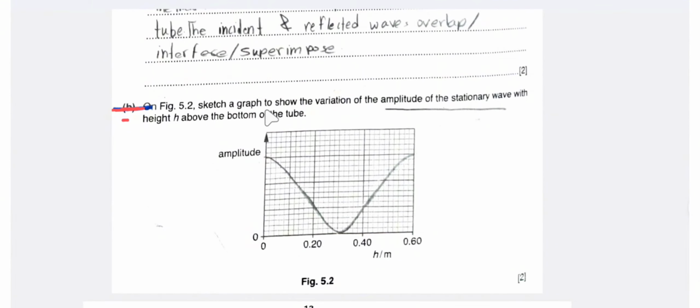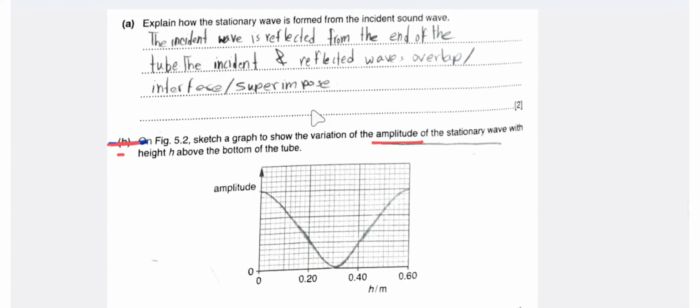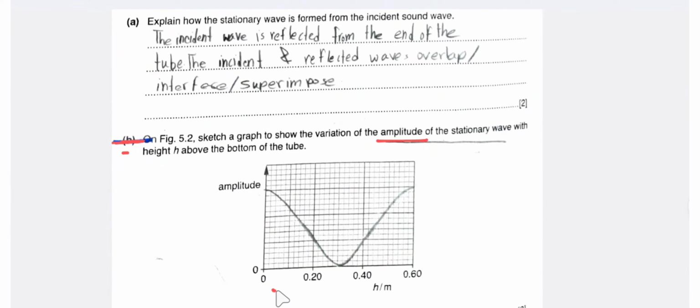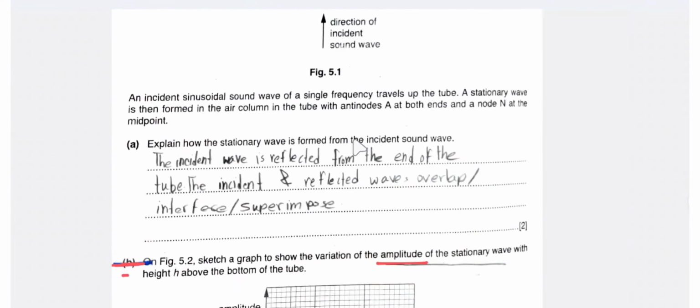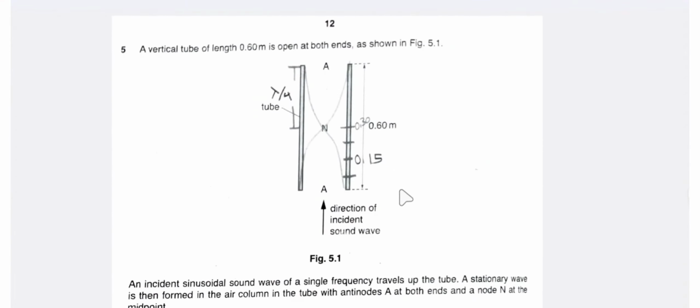On figure 5.2, sketch a graph to show the variation of the amplitude of the stationary wave with the height h above the bottom of the tube. So the height is measured from the bottom to the top of the tube.